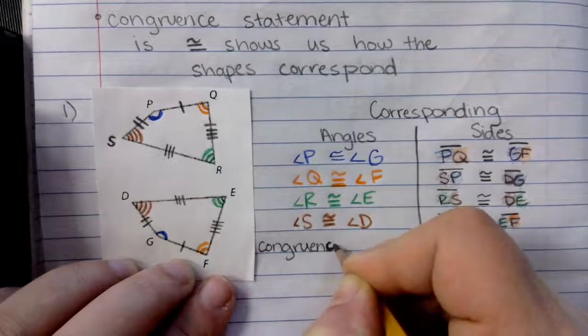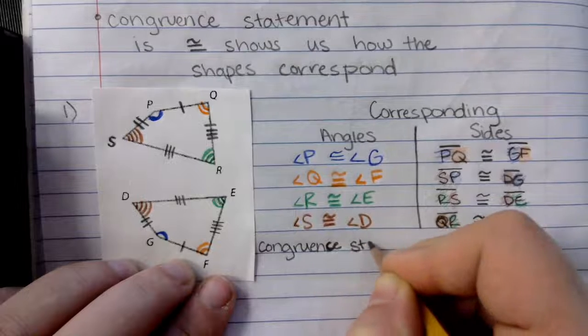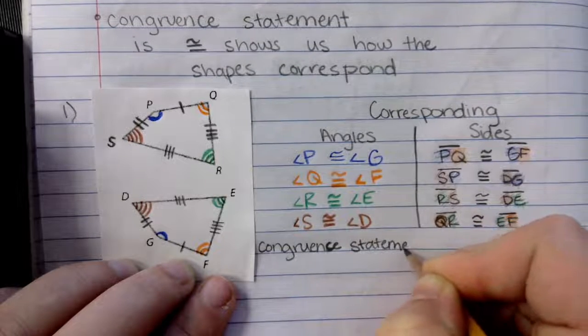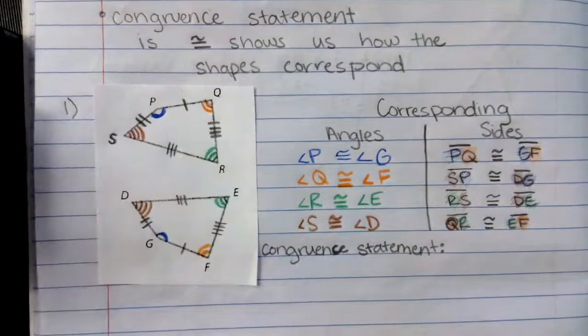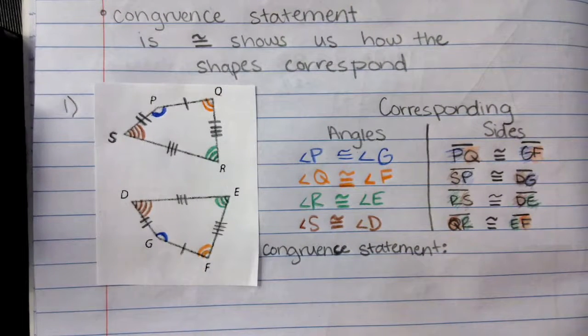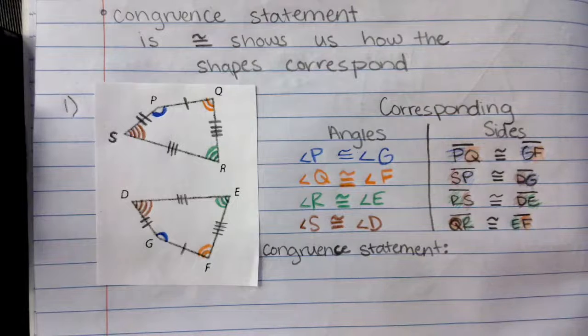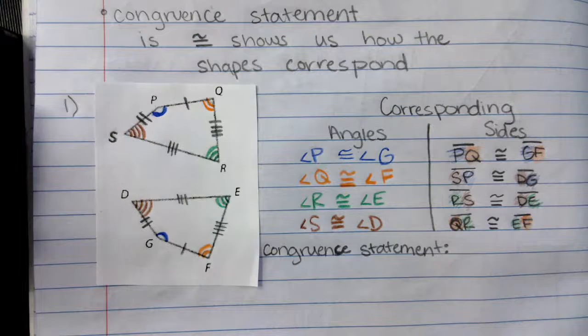But as we name the polygon it's congruent to, we want it to match up with those corresponding sides. Alright, so for our congruent statement, we're going to name this polygon, and this one, it's a four-sided shape. We don't have a name for that quite yet in our vocabulary, so we're just going to call it a polygon. Remember, a polygon really means a shape with straight sides.